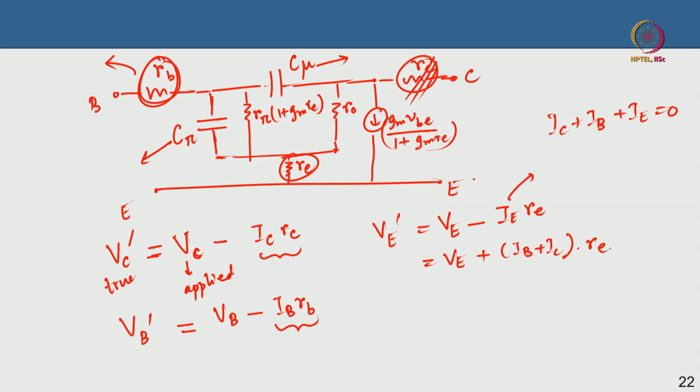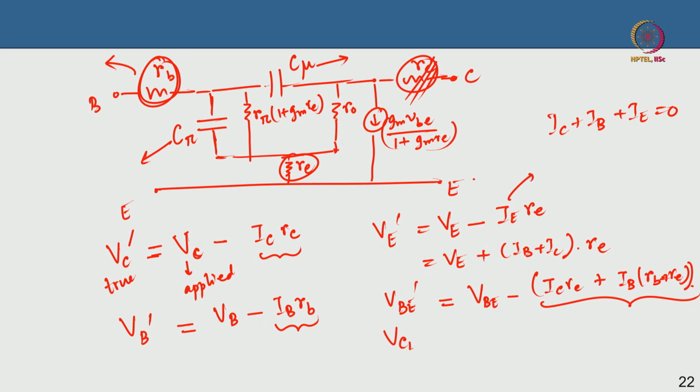Then I can write VBE dash, with some algebraic manipulation. It will come out to be an expression something like the applied base emitter voltage minus IC RE, plus IB into RB plus RE. This is the extra voltage that is dropping across the emitter and base resistances, the parasitic resistances.